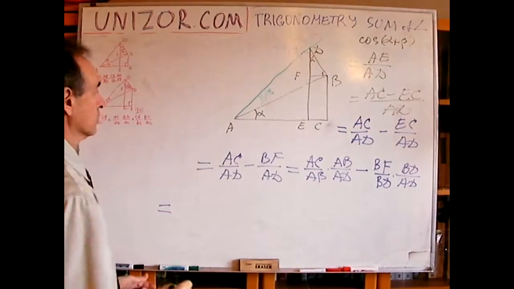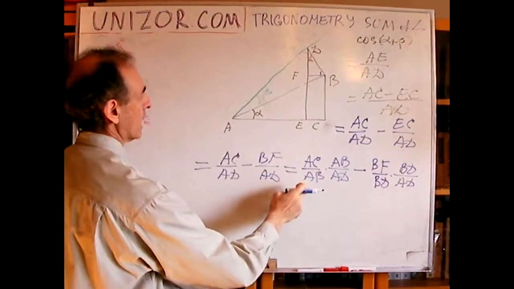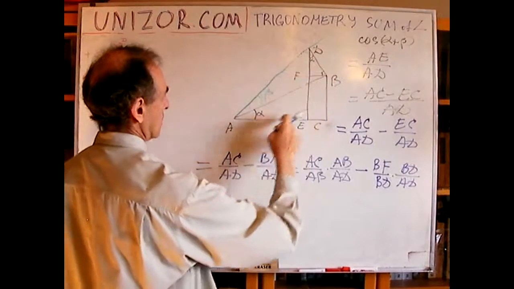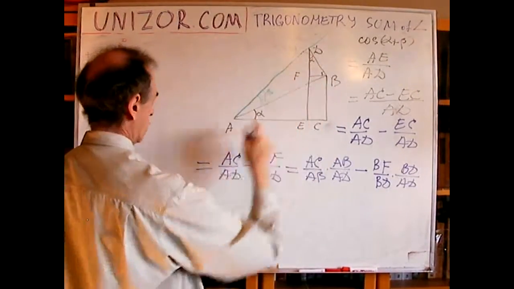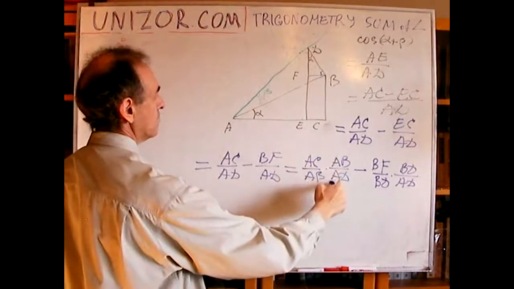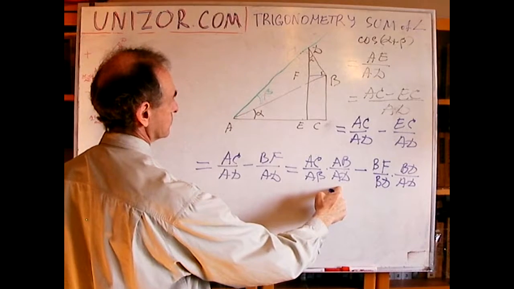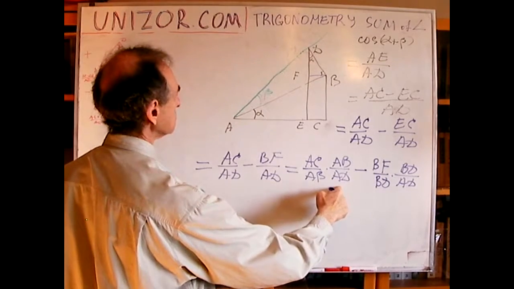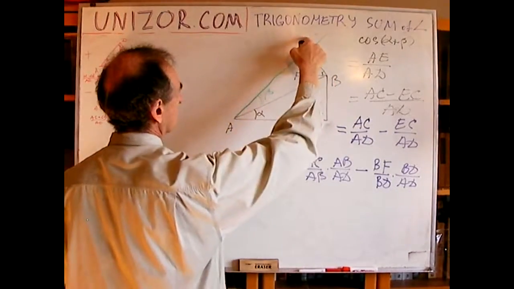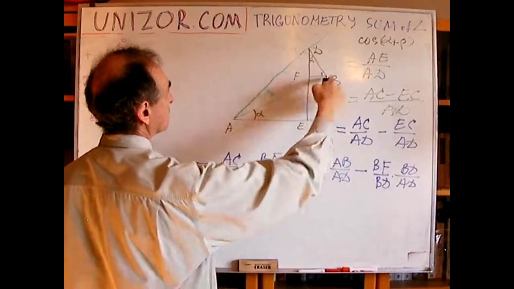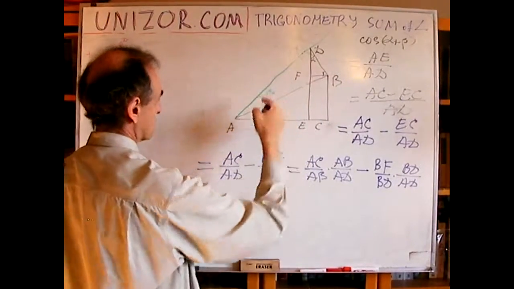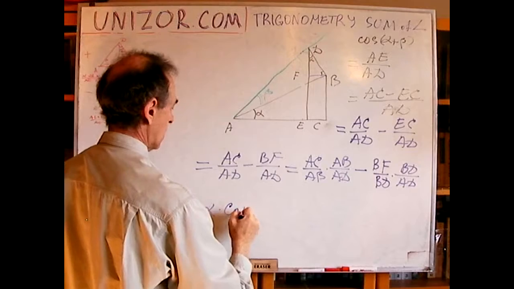And what is it equal to? AC over AB. That's adjacent catetus over hypotenuse, so this is the cosine of alpha. AB over AD. Okay, so in the triangle ABD, AD is a hypotenuse, and AB is a catetus adjacent to beta, so it's cosine beta.